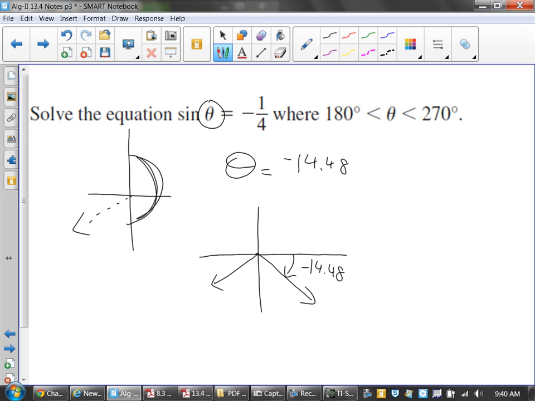Very good. Remember how you bounce back and forth in between the quadrants depending on which quadrant you went into? Your reference angle into the third quadrant is when you add into 180 to bounce it away from the x-axis. If you had to go to second, you'd subtract it to come back up. So what would theta be in the third quadrant that has a sine of negative 1/4?